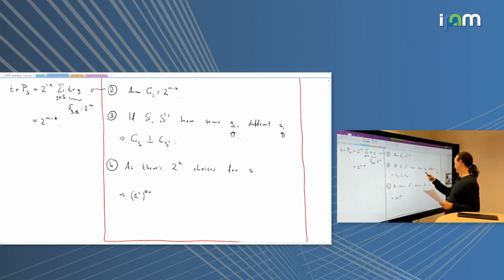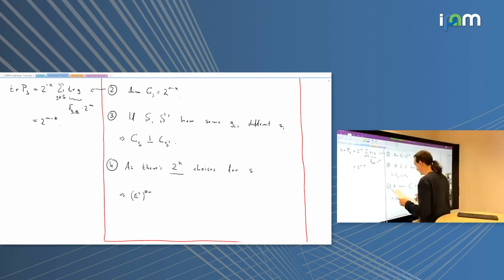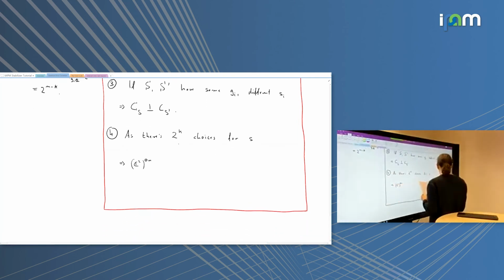But now we are at a big point in this development. Now let's count how many choices there are for the phases. Well, there are 2 to the k choices for the S's because for every generator I can choose +1 or -1. And now comes the important point. This you have to understand, and then I'm happy with you. So I take this big tensor product space, and it now decomposes into a direct sum, where the summands are labeled by my choice of which eigenspace to look at, and the eigenspace is given again by one choice of phase per generator.